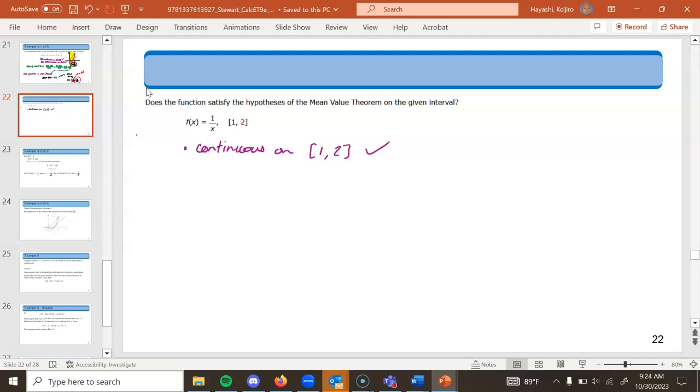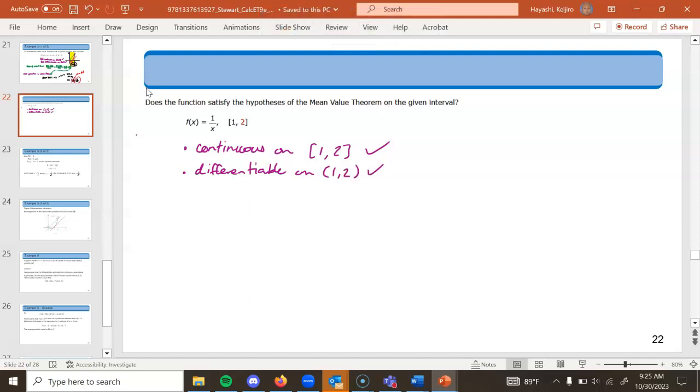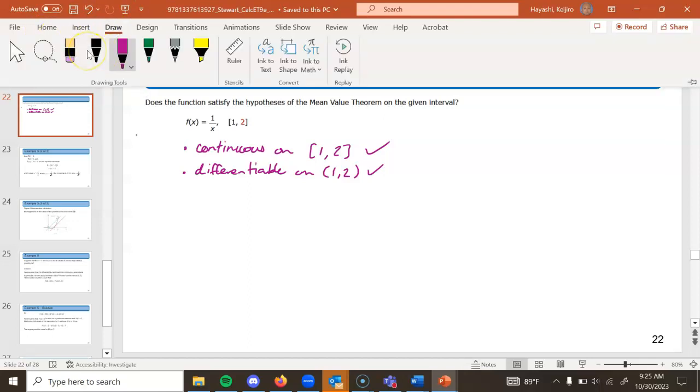So the interval from 1 to 2 is fine. And it's also differentiable on that same interval for those same reasons. Rational functions are differentiable everywhere that is on their domains. So just not whatever asymptotes may be there, which there are none from 1 to 2. So the mean value theorem should apply, should hold.